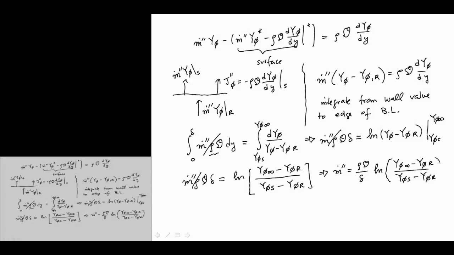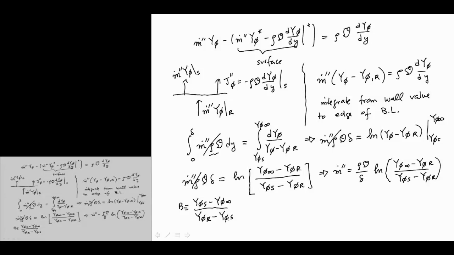All right, last thing. This is not B, but B is equal to y phi s minus y phi infinity over y phi r minus y phi s. So what we're going to do is manipulate this just slightly.